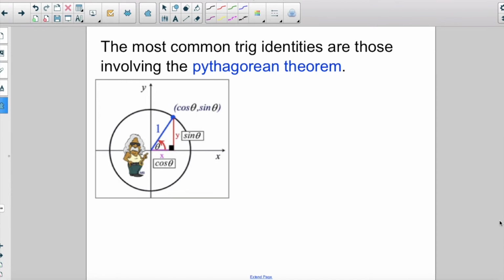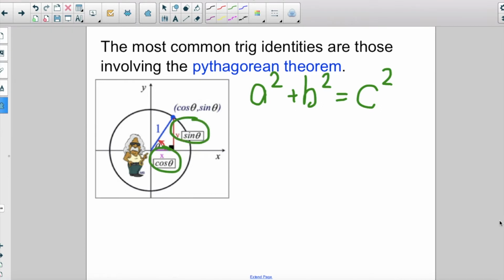It involves the Pythagorean theorem. So what we do here, Pythagorean theorem is usually a squared plus b squared equals c squared. So if we remember on the unit circle, x corresponds to the cosine of theta and y corresponds to the sine of theta.